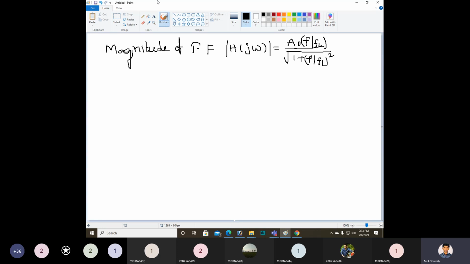At low frequencies, that is, when the frequency f is less than fL, the lower cutoff frequency, what is the magnitude of the transfer function?